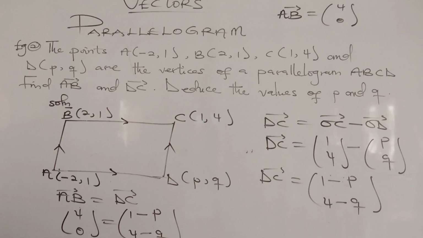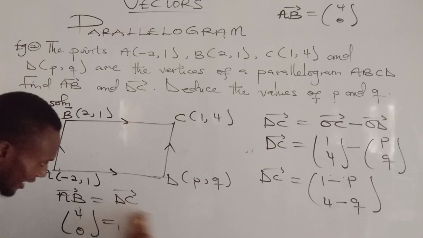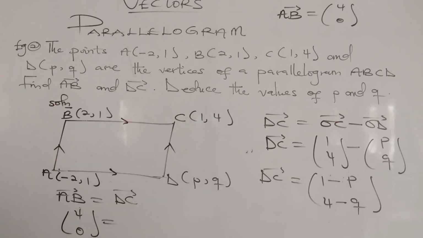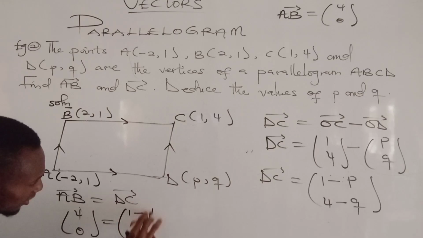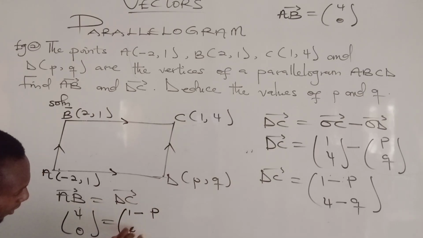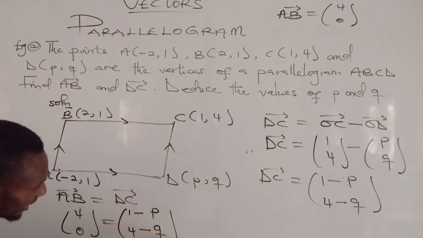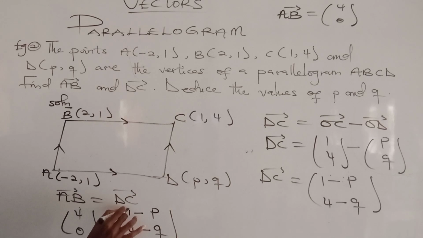Let me write this once more so that you can see it clearly. I can see this side is not appearing clearly, so let me clean it and write it again. So I have 1 minus P and 4 minus Q, so that you can see it clearly. I hope it's clear enough now. Very good.